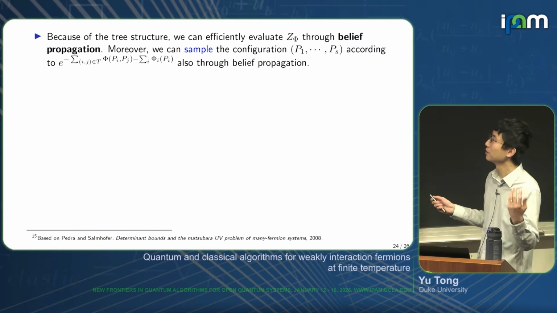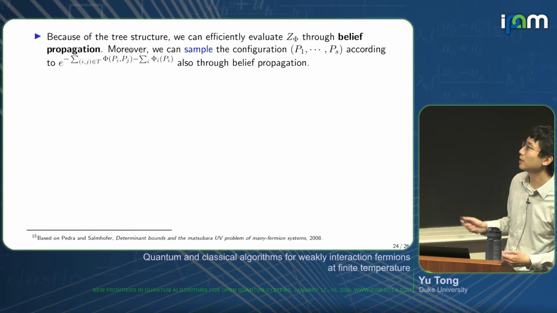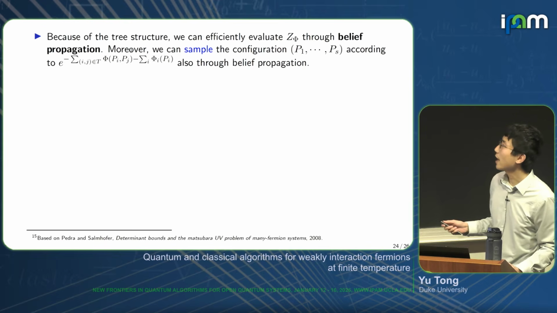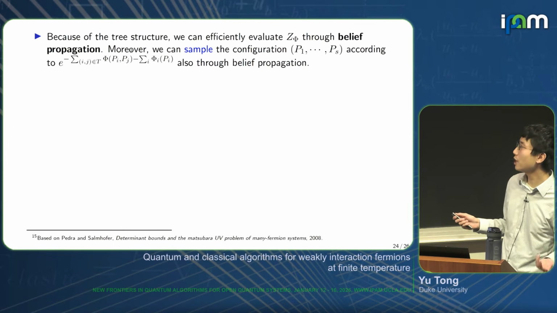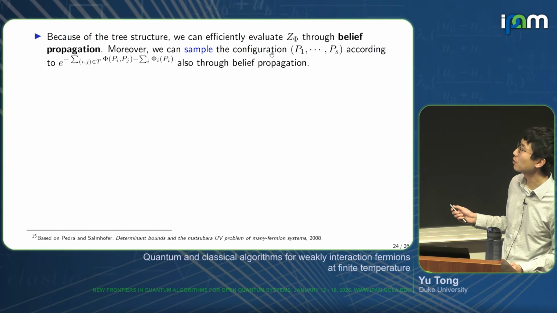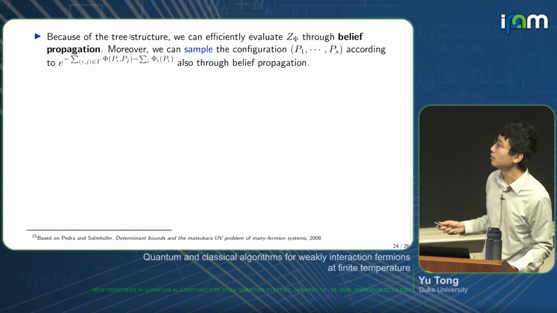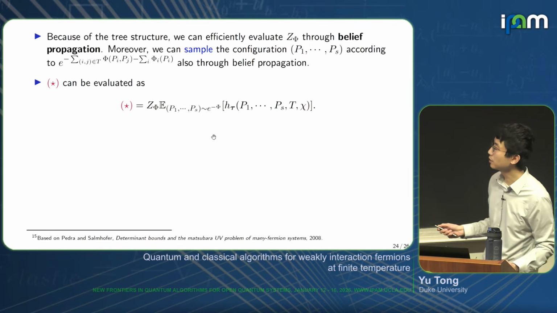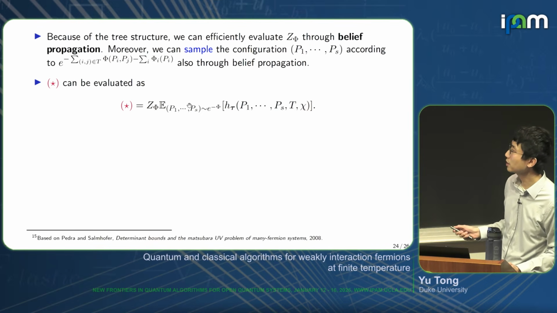Sadly, I cannot introduce what belief propagation is due to the time limit, but the only thing you need to know is that there is a standard algorithm to compute that exactly. And belief propagation also allows you to sample the configurations according to that potential energy in polynomial time. So it allows us to do two things: computing this partition function and sampling configurations.